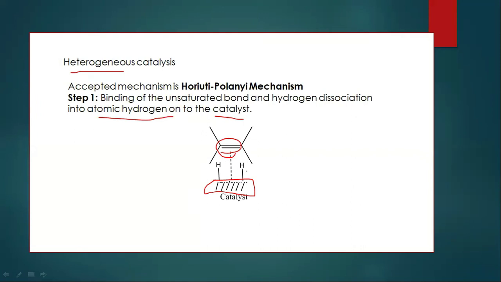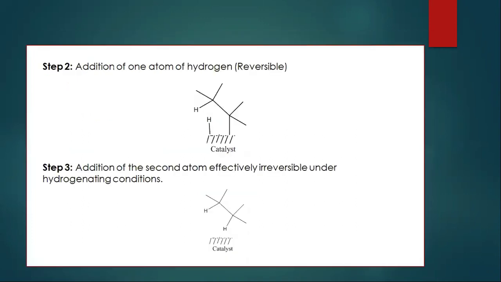In step two, any one of these hydrogen atoms will transfer across the C double bond C. So what will happen? One hydrogen has been transferred. Now the interaction will be established between the catalyst surface and the carbon.